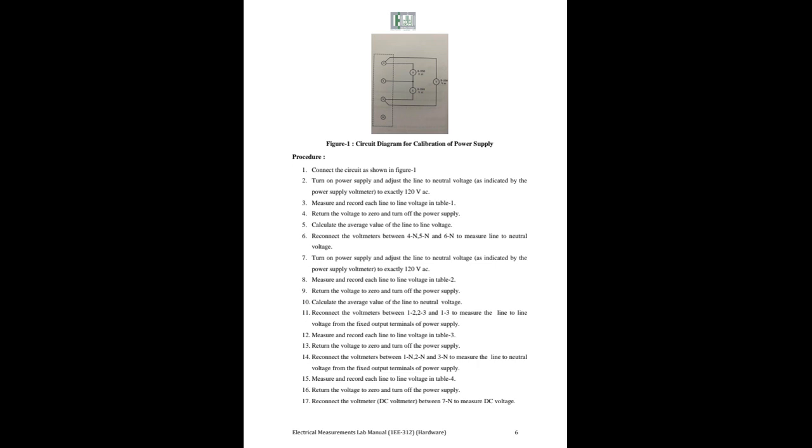Then this voltmeter is connected between 5 and neutral, and this voltmeter is between 4 and neutral, 5 and neutral, 6 and neutral. So this voltmeter is already connected to 6, so here it will be broken and it will be connected to n. Like this we will change the circuit.